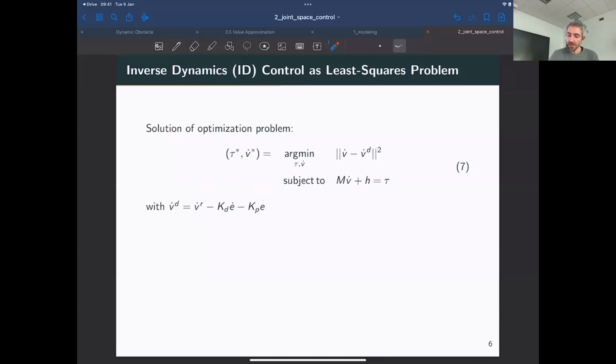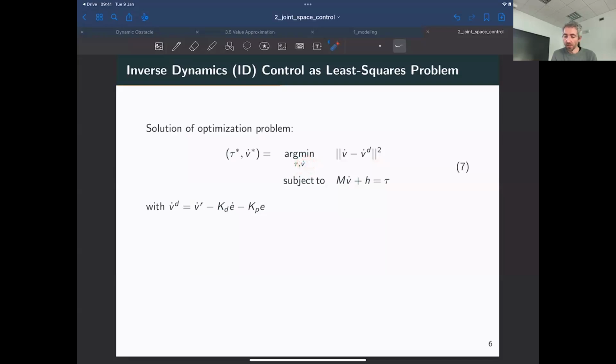So let's take this optimization problem. The decision variables of the problem are the joint torques and the joint accelerations. The constraints of the problem are simply the dynamics of the robots. And the cost function is simply the squared difference between the desired acceleration and the acceleration that I have as a decision variable.